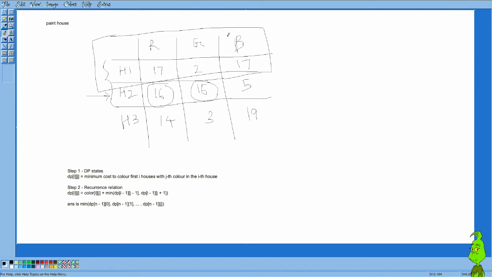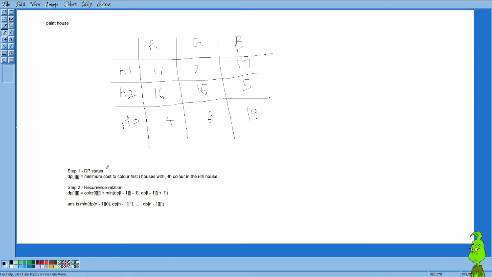Here it is the cost of coloring all whatever houses are there before this, like n number of houses, or last I minus 1 houses, with blue being the color of the I minus 1th house. So you can take the minimum of this one, this one, this one, and all of this. The minimum of all this is the cost of coloring the last I minus 1 houses. Okay. So let's see what we have in the definition here.